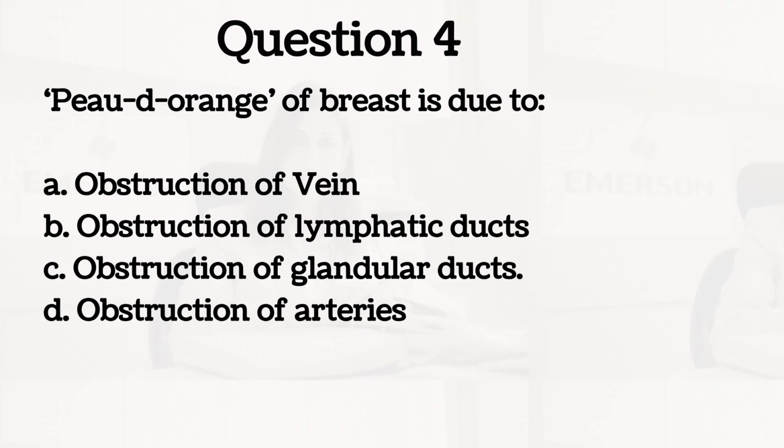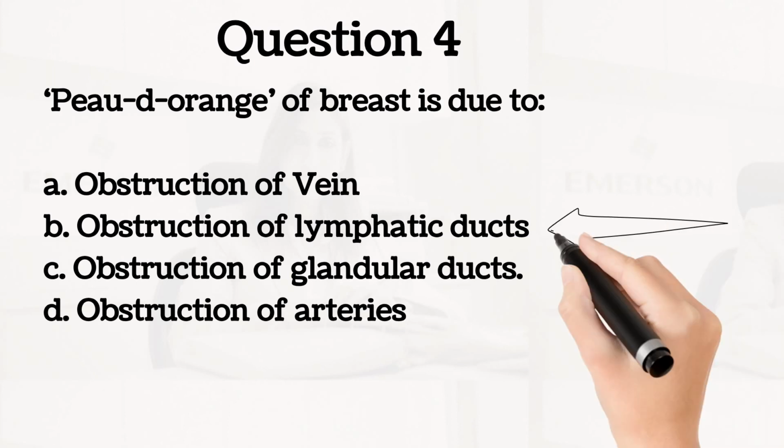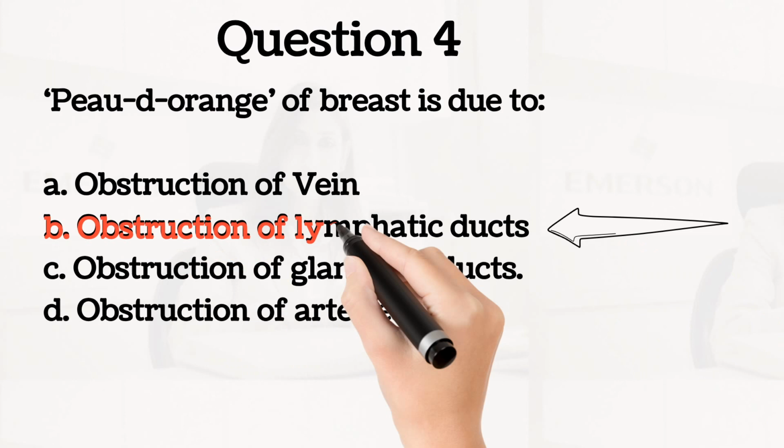I think you're also going to get this one correct, because it's the same concept as question 3. Make sure you have a piece of paper and are writing the answers, so that by the end of the video you know how many you got correct. The answer is B. Like we said, obstruction of lymphatic ducts causes peau d'orange.